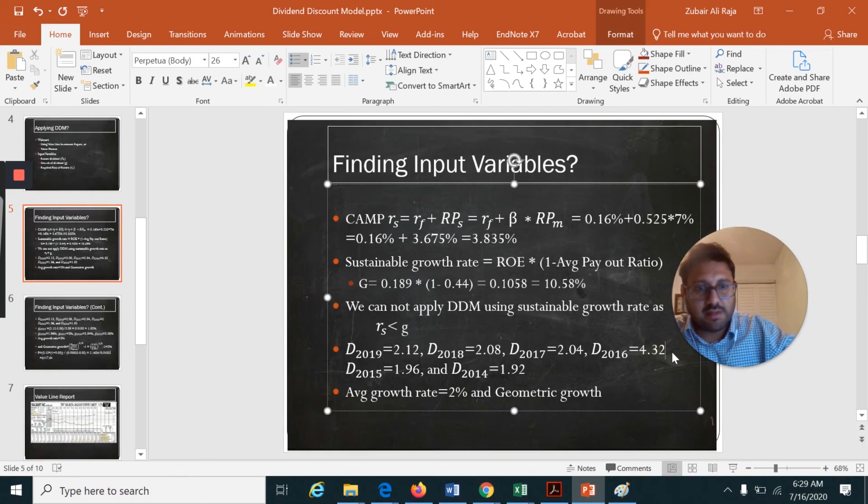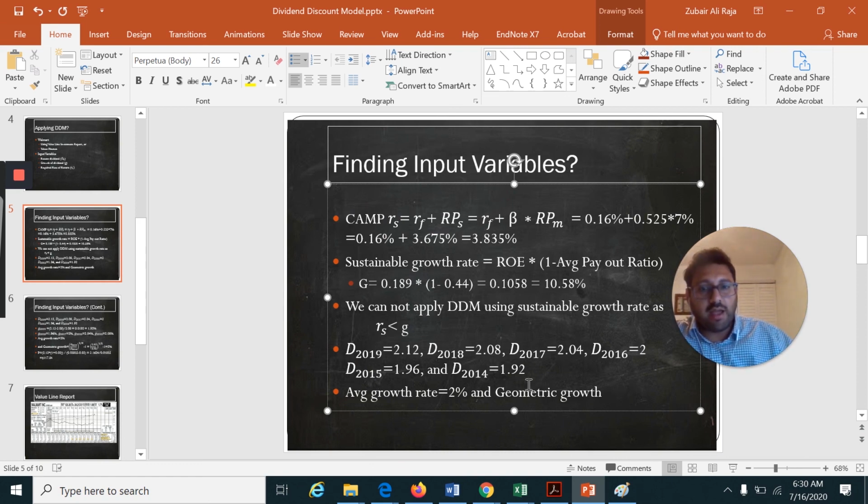In 2015 they paid 1.96. In 2014 they paid 1.92. I used 6 years of data in order to get 5 growths. If you need 5 growth rates, then you need 6 data points in order to find 5 growths.